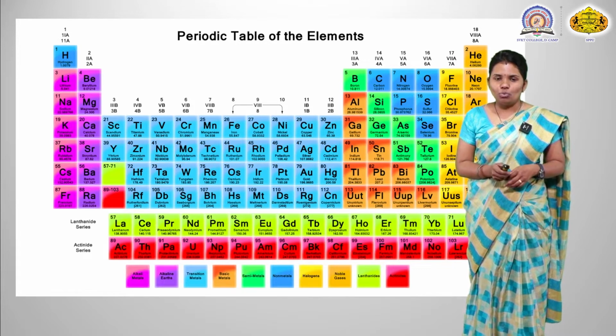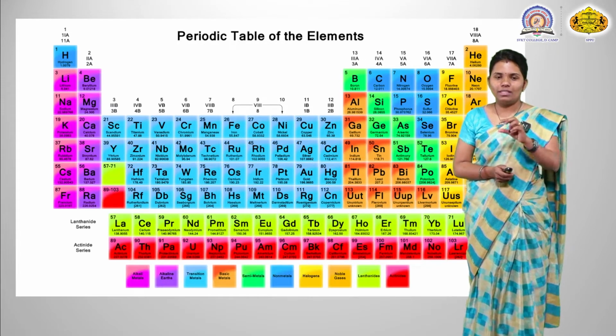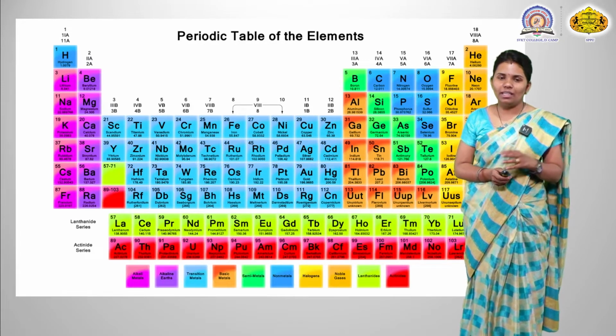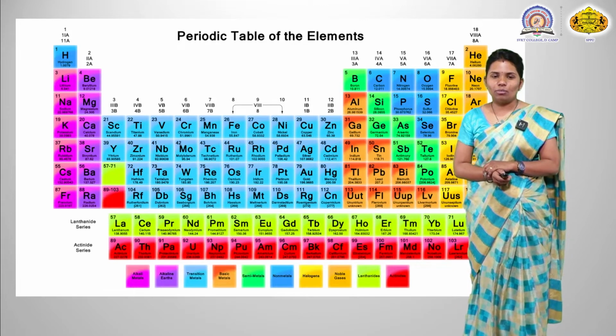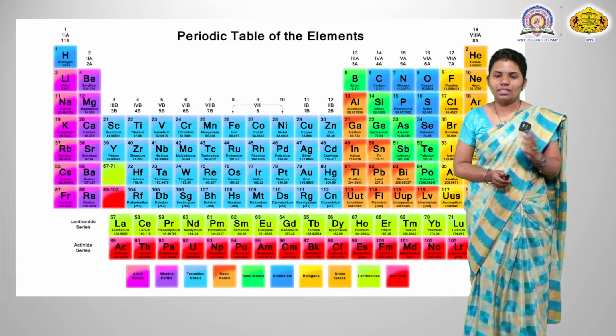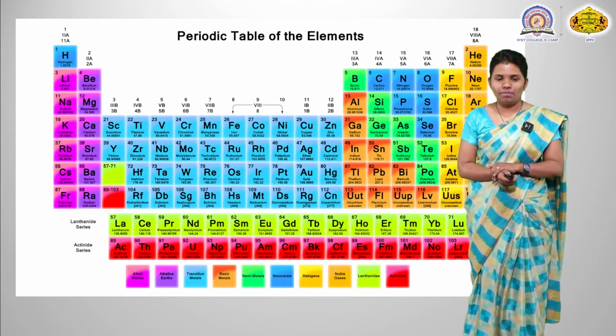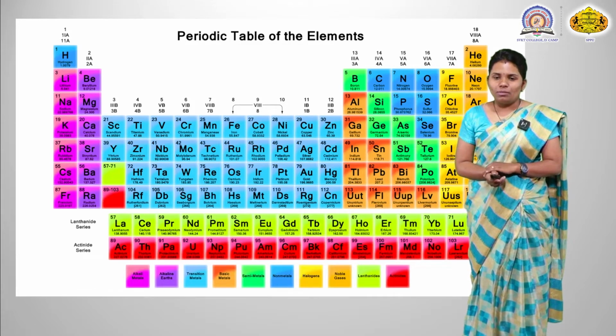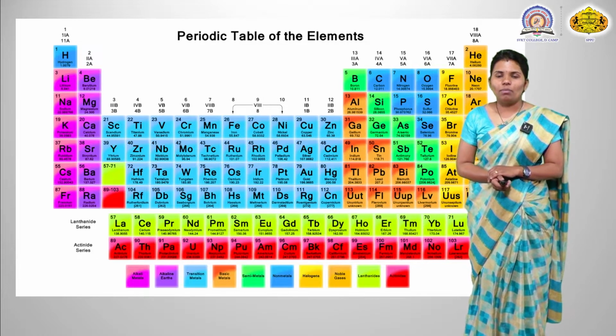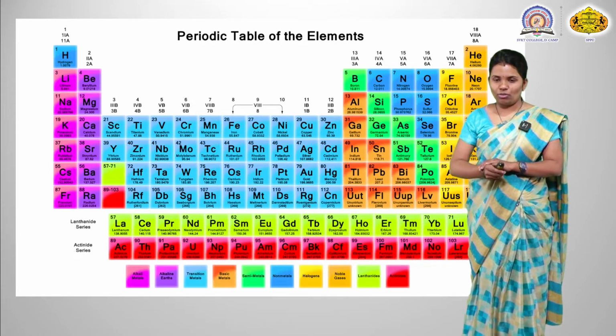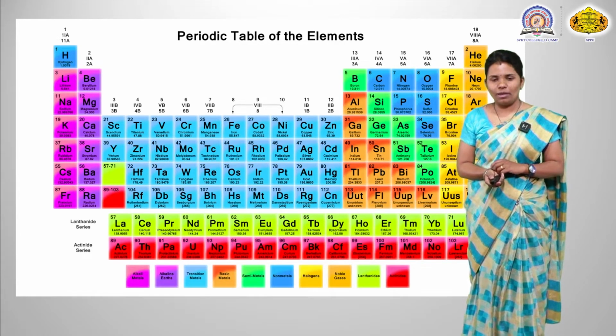In between these two, that is the S and P blocks, there is the D block, the D transition elements. From atomic number 21 to 30, that is scandium to zinc, these are the D block elements. At the bottom of the periodic table there are the F block elements, as their electron goes to the F orbital.